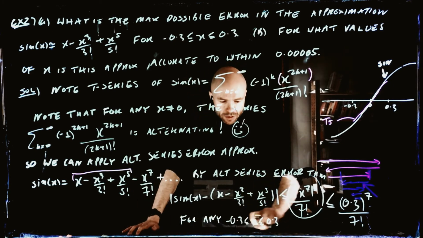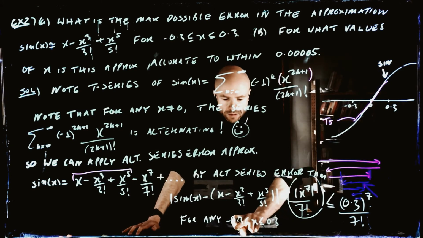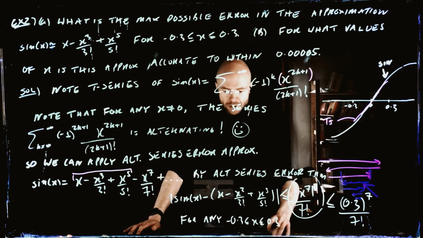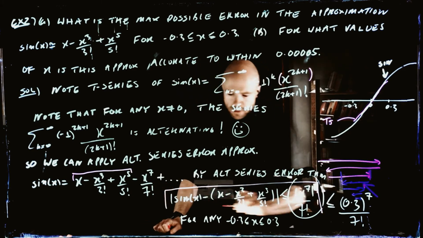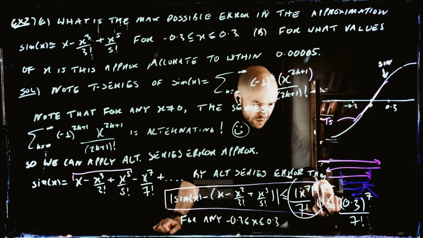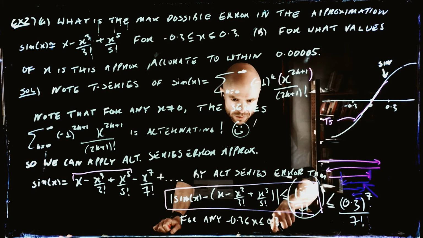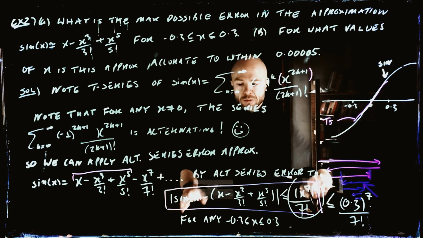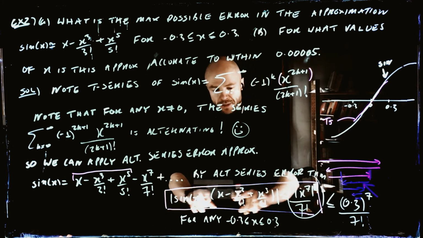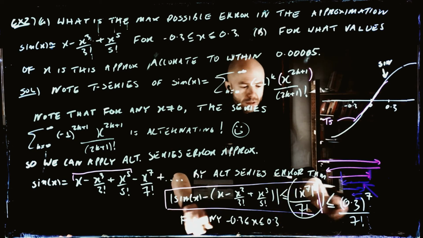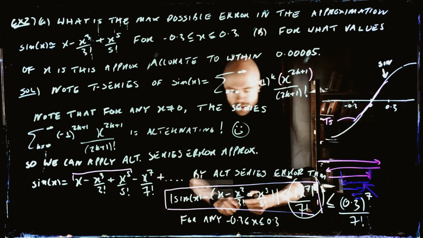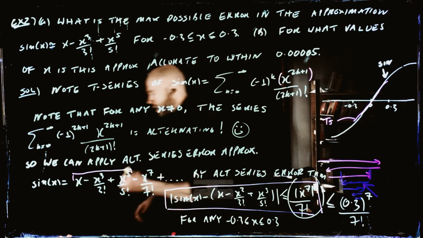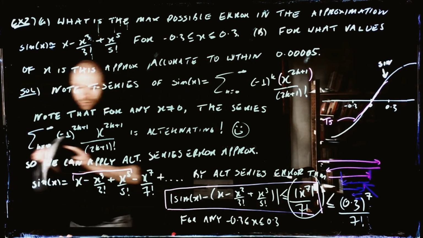So this part right here is true for any single pre-chosen x. But this part is true for x within this region. So the overall thing we want to know, which is how close sine is to this thing over this range, this is the answer. And this thing is some number that we can just calculate.